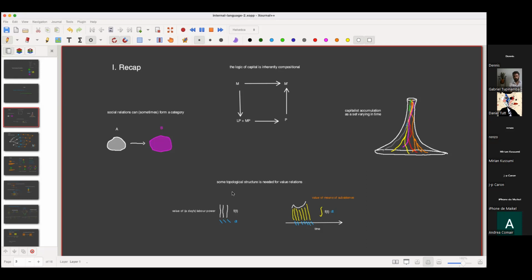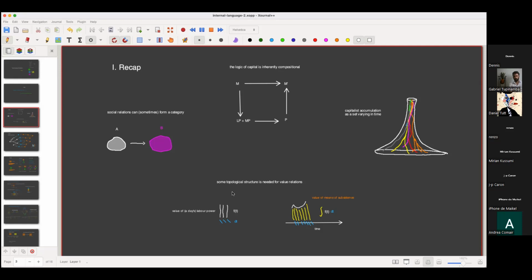So I basically wanted to say that there is this internal language to a category, which is kind of this logical interior that is not so much about what we say or what we perceive about capital, but it's about what capital itself is able to express with its own language. And this is ultimately in the language of commodities themselves, right?